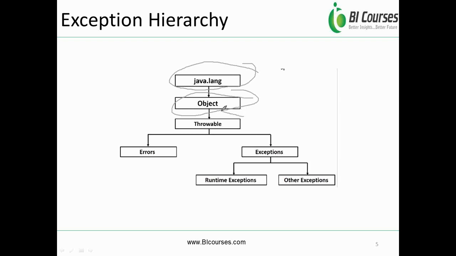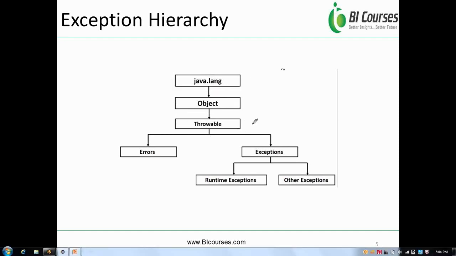Throwable extends the Object class, and Throwable is divided into two subclasses: Error and Exception. Exception is again divided into two types, RuntimeException and other exceptions. This is how we divide exceptions into multiple categories.